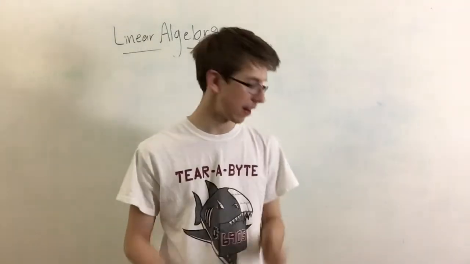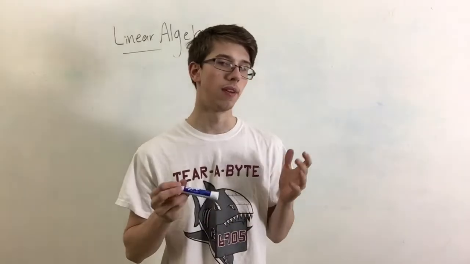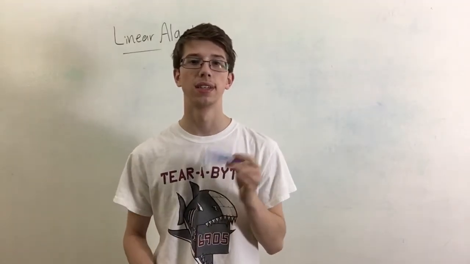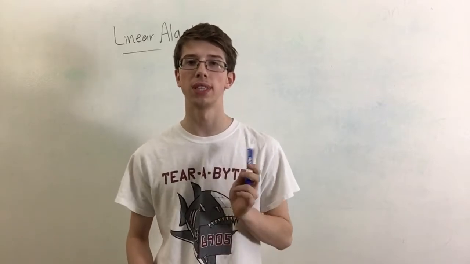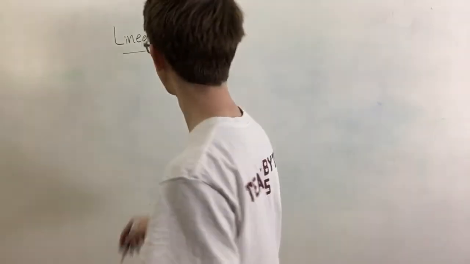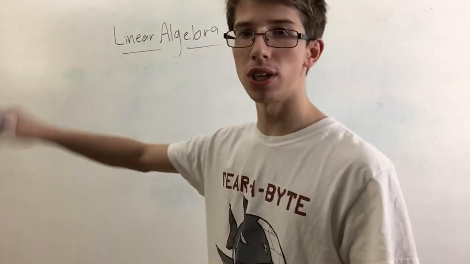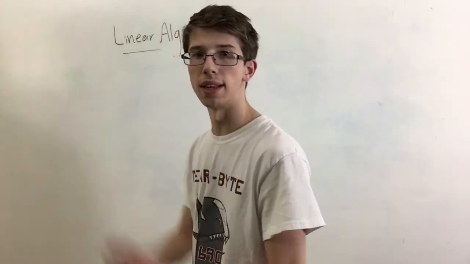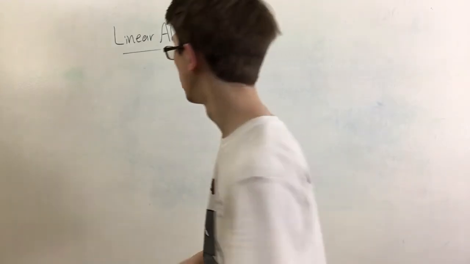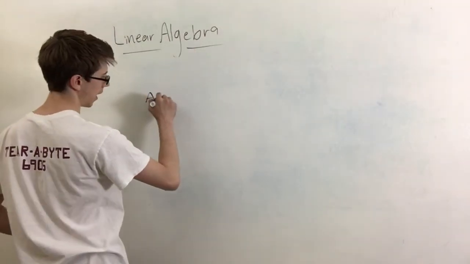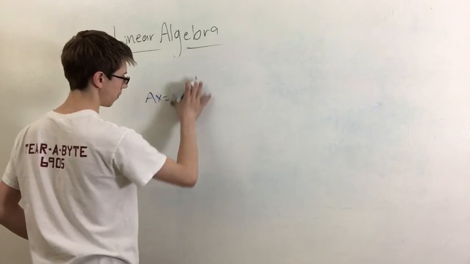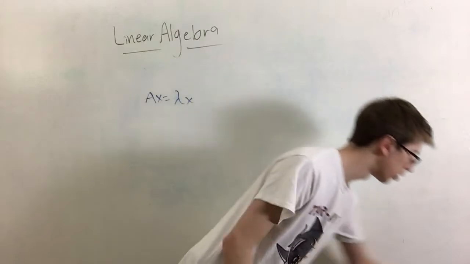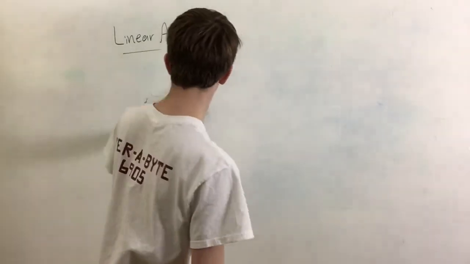Next one is, if x is an eigenvector of A, then 2x is also an eigenvector of A. And this one is true because multiplying it by a scalar does not change its location in the space. It just gives it a dilation. It doesn't change its location in the space, which is the reason why Ax equals lambda x, right?